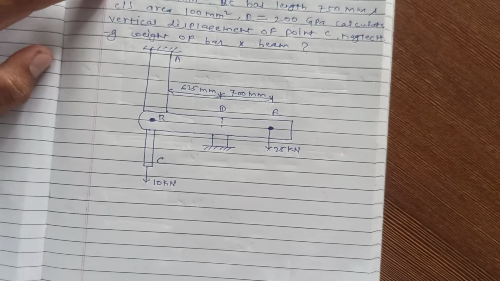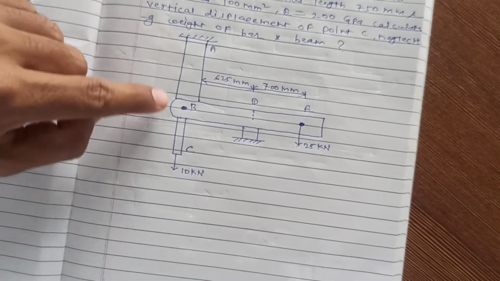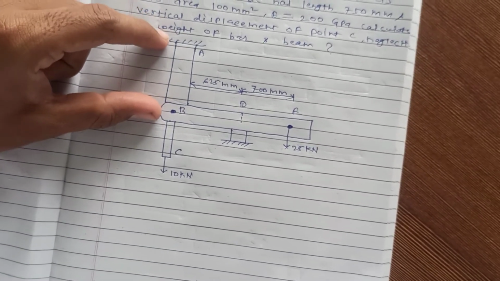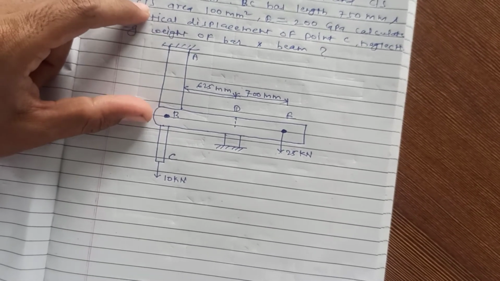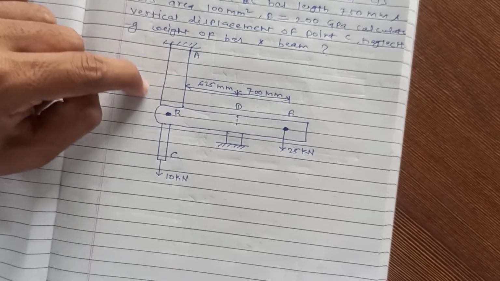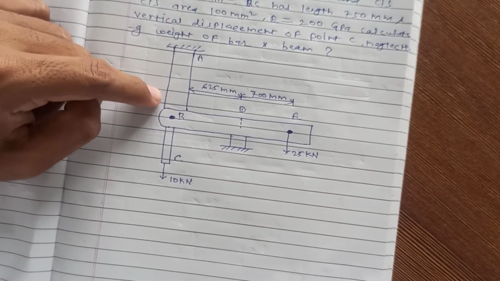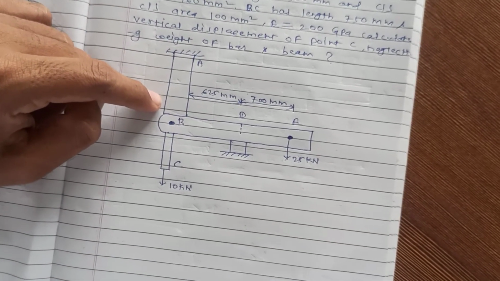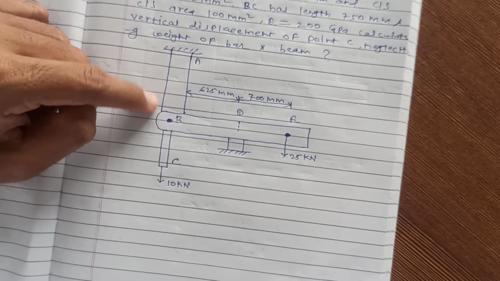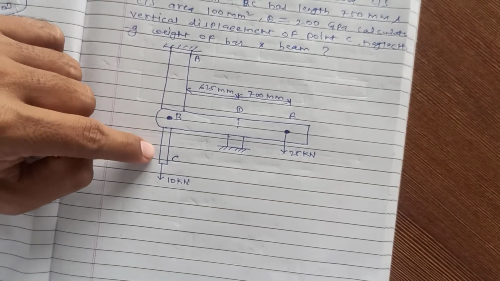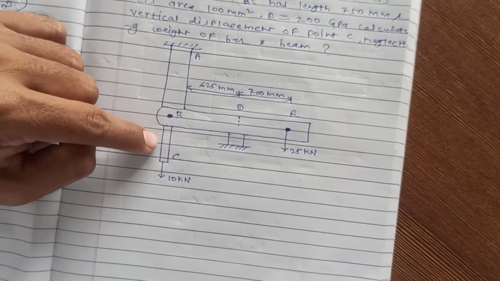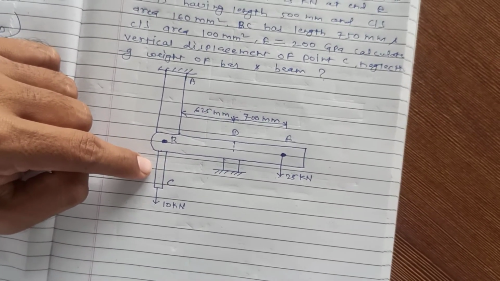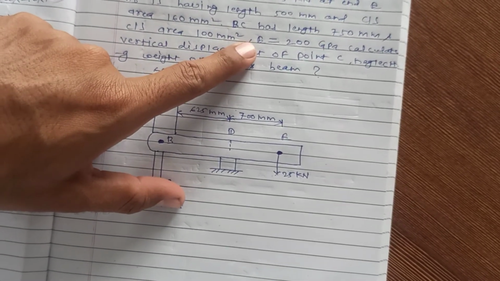AB has a length of 500 mm. This is section AB having a length of 500 mm, and cross sectional area of 160 mm square. Cross section of this AB is given, that is 160 mm square. BC has a length of 750 mm. This BC has a length of 750 mm and cross sectional area of 100 mm square is given. Value of capital E is also given, that is 200 gigapascal.